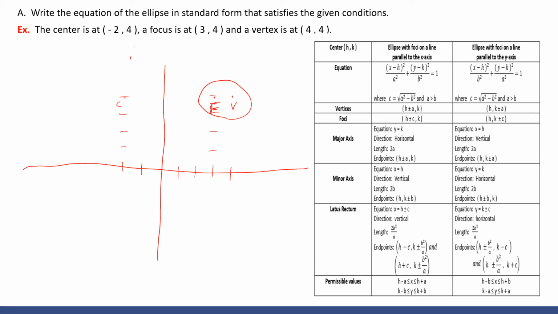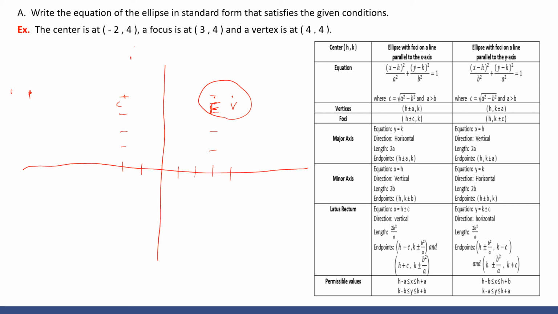O kung ito ay coordinate, let's say mula sa kaliwa, pag ikaw ay nag-add, obvious na ikaw ay patungo sa kanan. And since the center is the midpoint of the two foci, so lumalabas andito yung isang focus sa part na to, and then the other vertex ay andito rin.